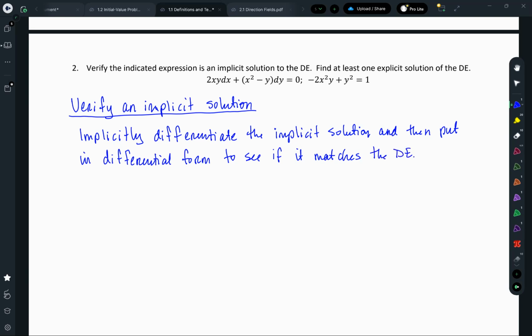Okay? So implicitly differentiating, we're having to recall so much already just in day one.